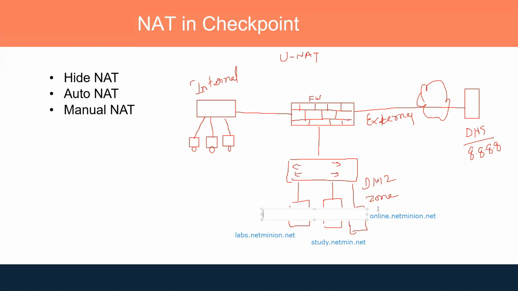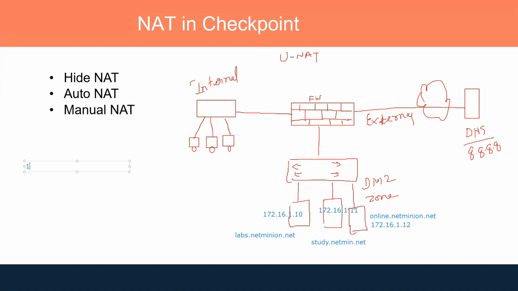So the first server has the private IP 172.16.1.10. The second server has the private IP 172.16.1.11. The third server has the private IP 172.16.1.12. Respectively, you have NATed these servers.